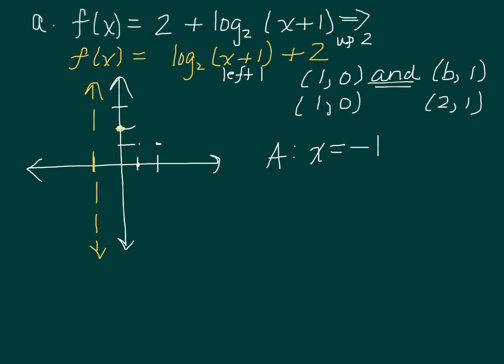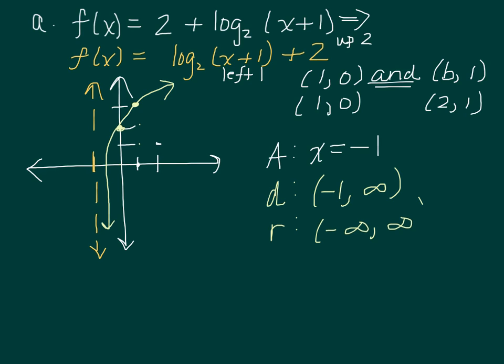So when you curve your graph, you're going to curve it towards the asymptote. So your domain now is negative 1 to infinity, because nothing is passing negative 1 on your X. And your range, remember, is always negative infinity to positive infinity.